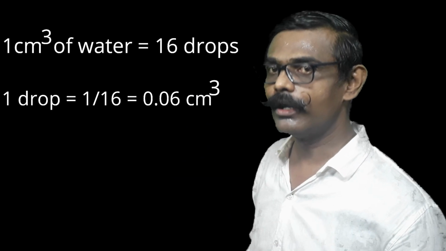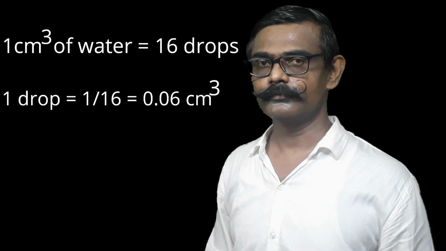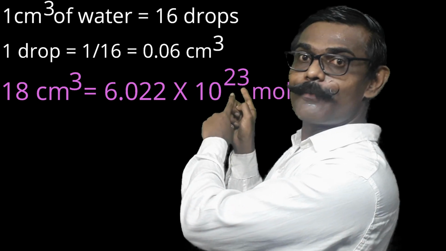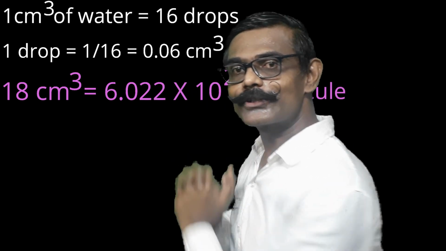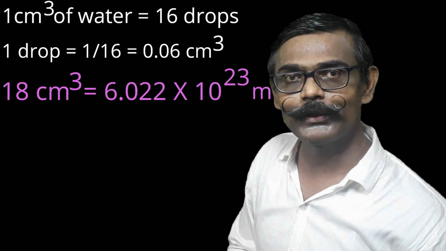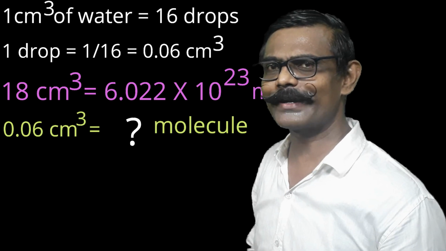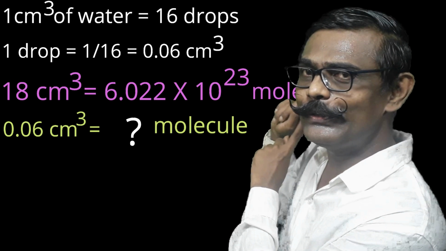That you have to find out. I help you. See, 18 cubic centimeter means Avogadro's number of water molecules. Then 0.06 cubic centimeter means how many water molecules? Just do the calculation and you will be surprised, you will get that number, 2 into 10 raised to 21 molecules per drop of water.